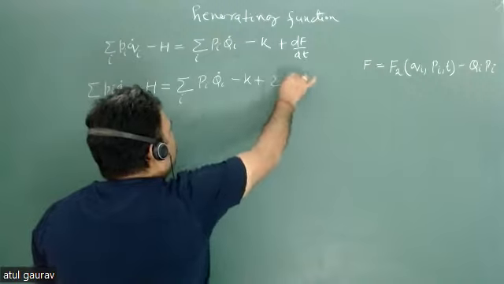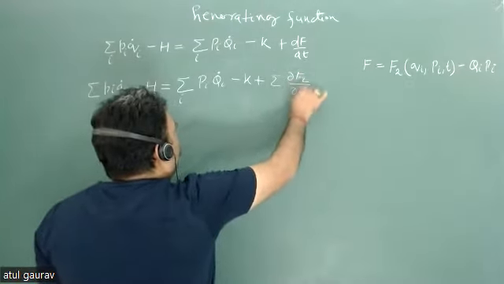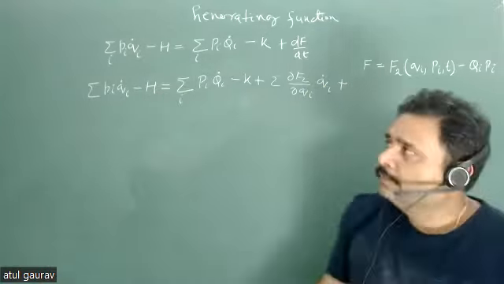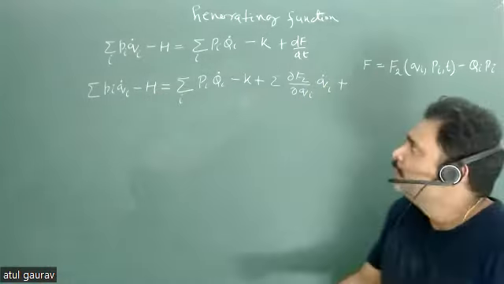We have to go for summation over del F2 upon del Qi, and this is Qi dot, plus next summation over i, del F2 upon del Pi, and here is Pi dot, and now plus del F2 upon del T minus summation over i Qi dot Pi minus Qi Pi dot. Are you people happy? Did I calculate correctly?